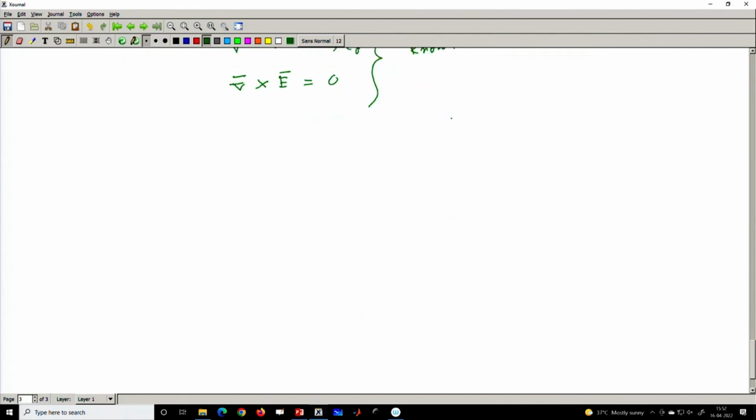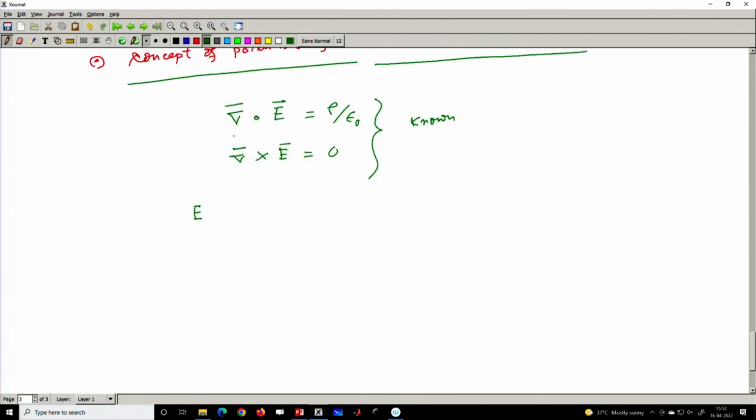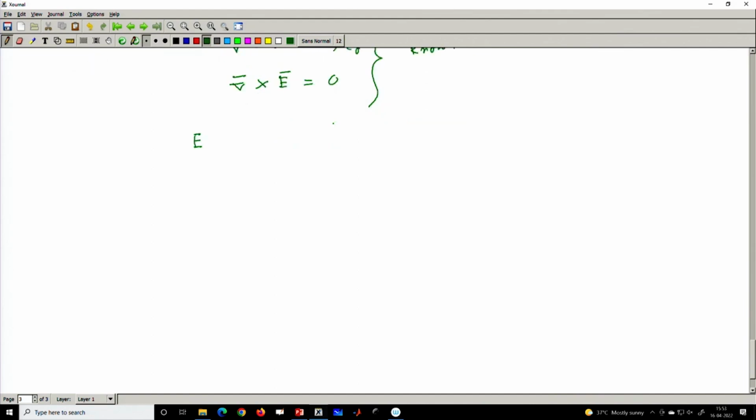The question was, what should be the E in terms of these known parameters? Can I write E in terms of these things uniquely? And the answer was yes, we can do that.